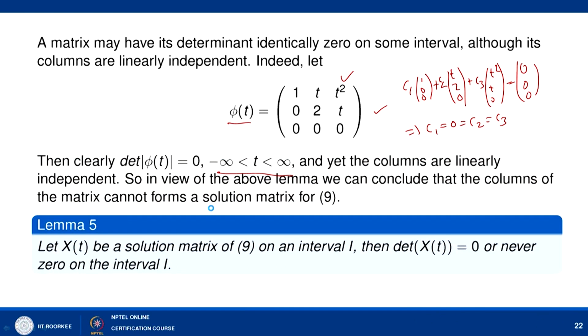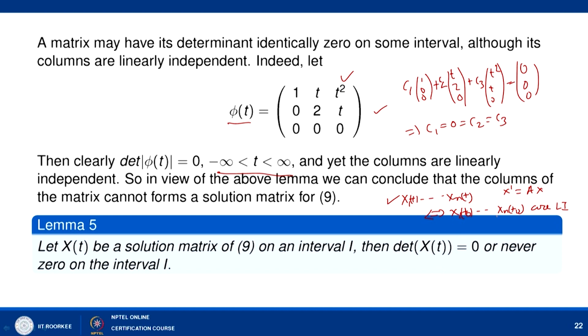And here we have already seen one result. If you remember, x1 t to xn t, which are solutions of x dash equal to Ax, are linearly independent if and only if x1 t naught to xn t naught are linearly independent, right.